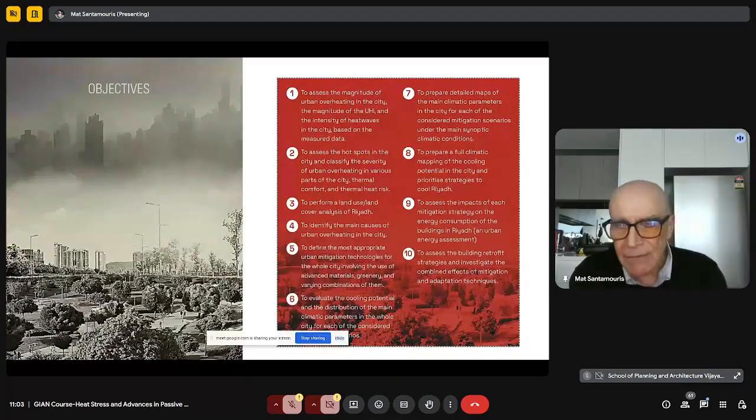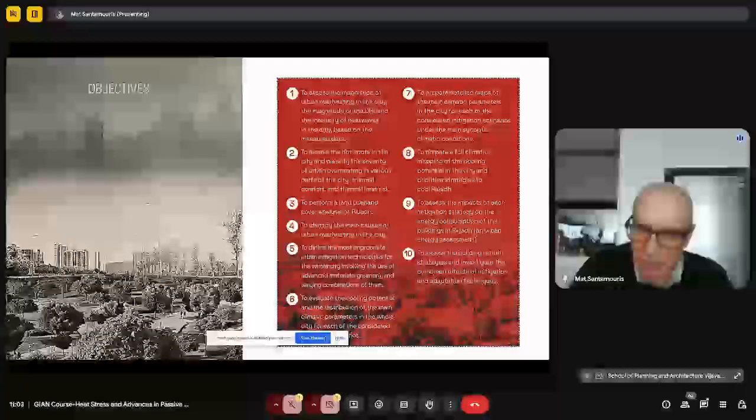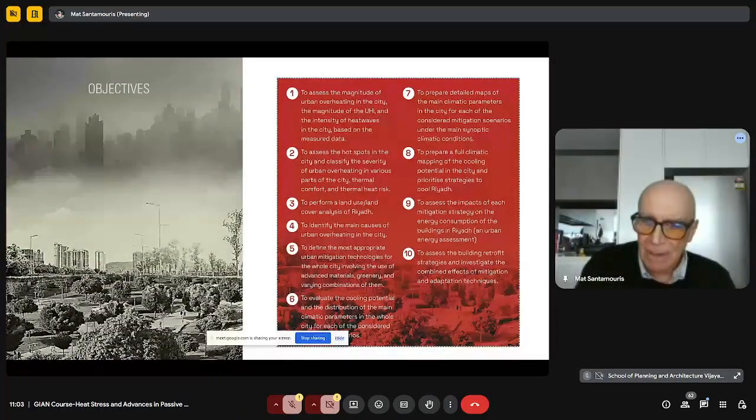What happens when these mitigation technologies are implemented in the city? How can we decrease the energy consumption? How will this help to mitigate heat, and how will this combine in order to adapt the city to new climatic conditions?